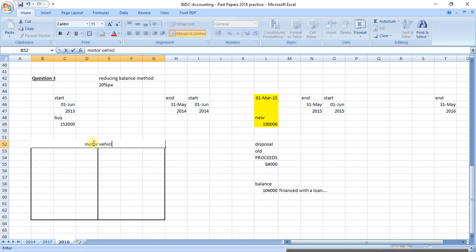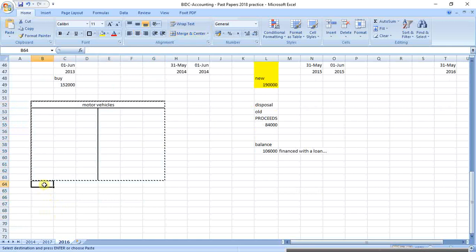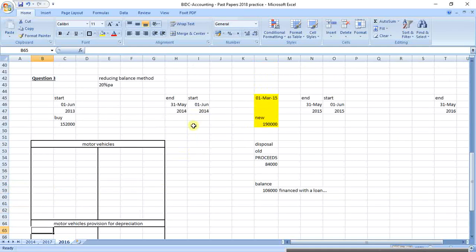Motor vehicles at cost, that's what they said, and then prepare the provision for depreciation, so we're going to need the same T account, but just for a different account. What is this? Motor vehicles provision for depreciation. Okay, so now I've got everything. Now I just need to complete the question.